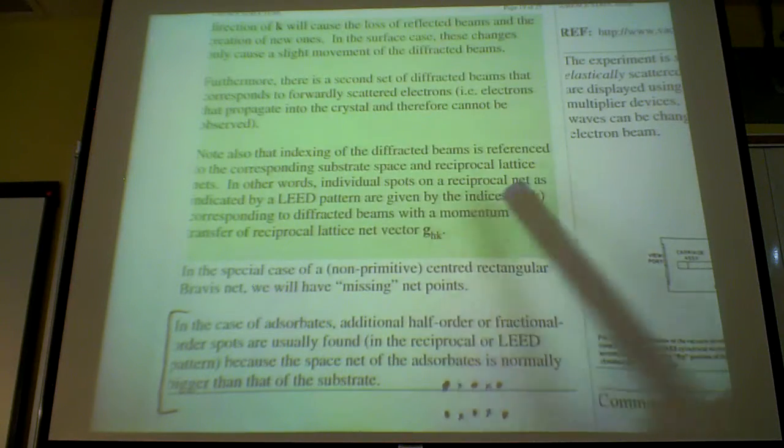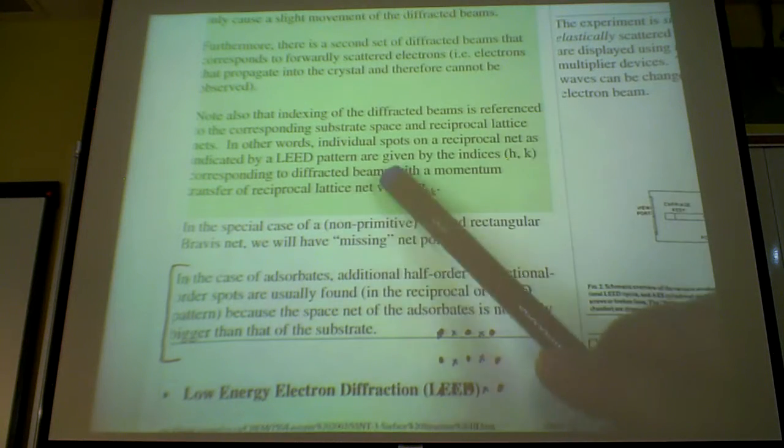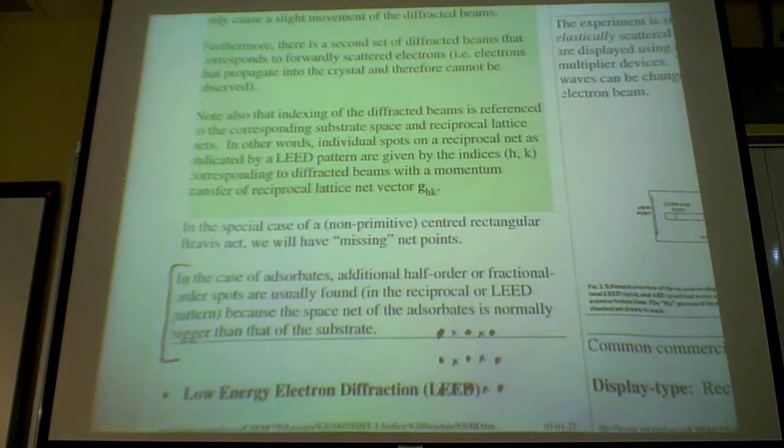Okay? So each individual spot in the weak pattern is indicated by this HK, corresponding to the momentum transfer.